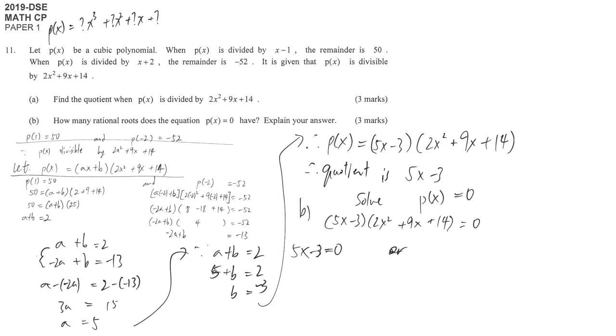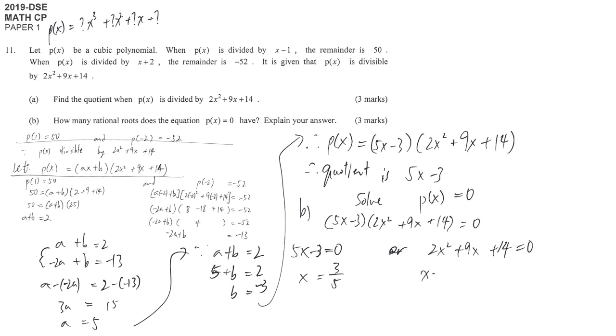Or another case, 2x squared plus 9x plus 14 equal to 0. For the quadratic equation here, we need to check whether it is rational or not. So just using delta may not be able to answer the question. A more general method is to use the formula of quadratic equations.